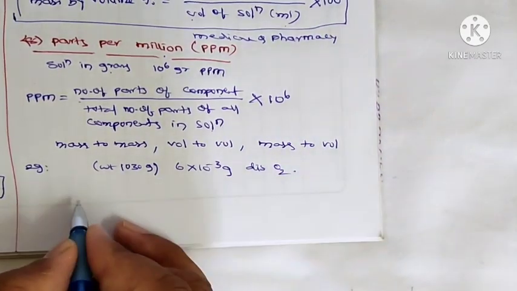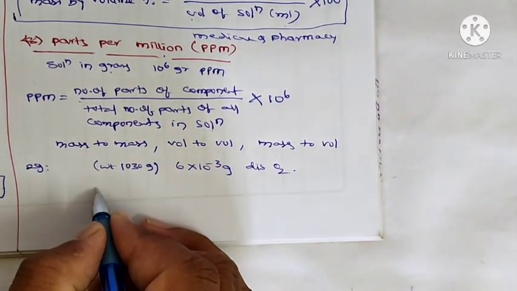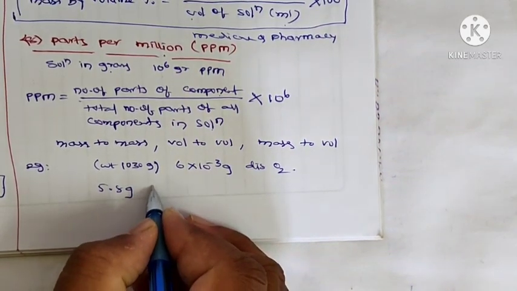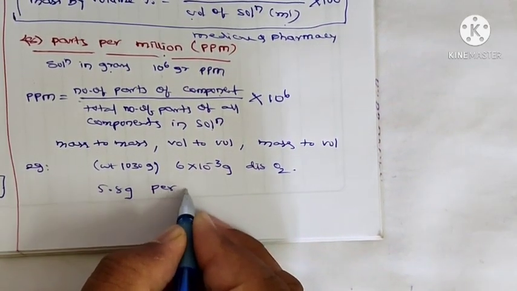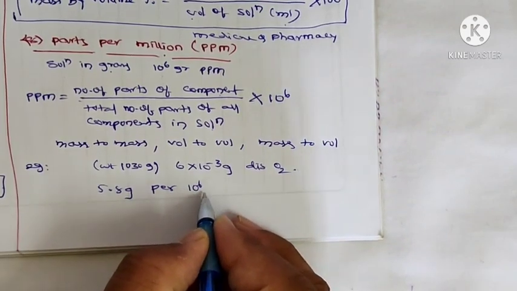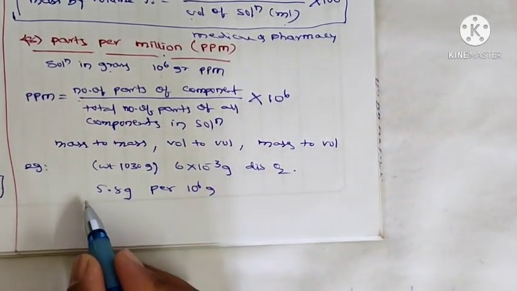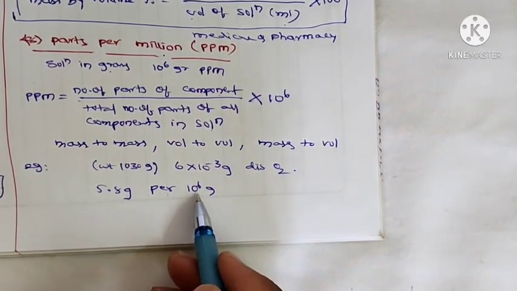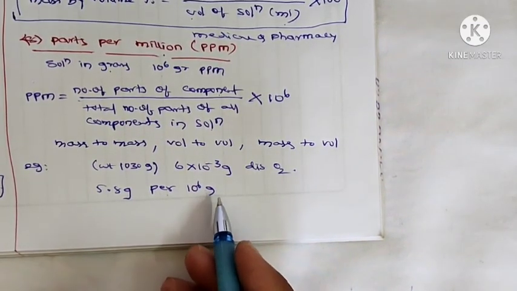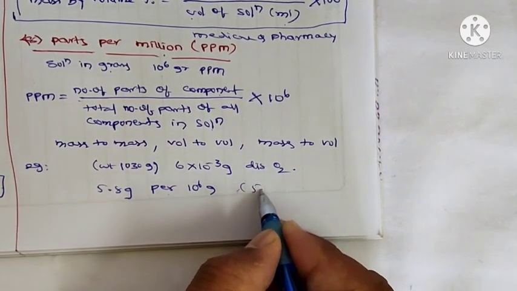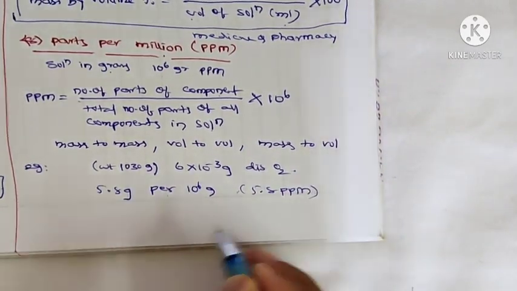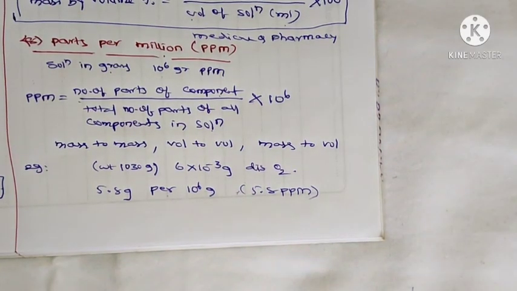It is also expressed as 5.8 grams of dissolved oxygen per 10 to the power of 6 grams, which is nothing but 5.8 ppm, 5.8 parts per million.